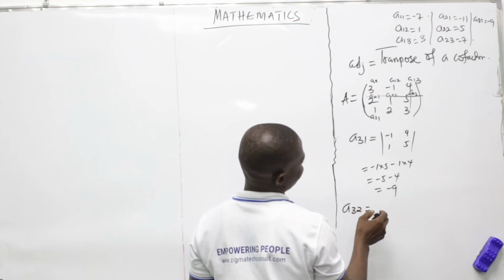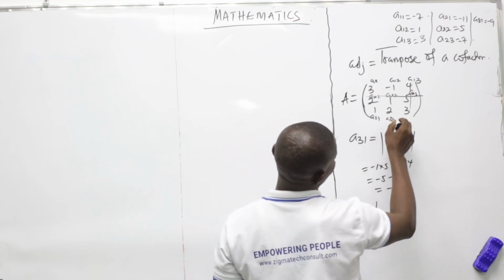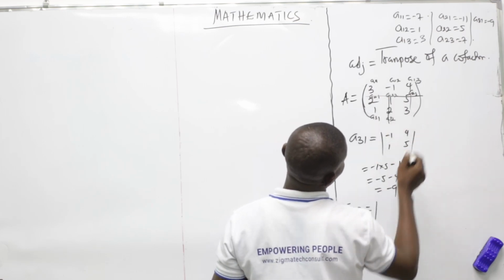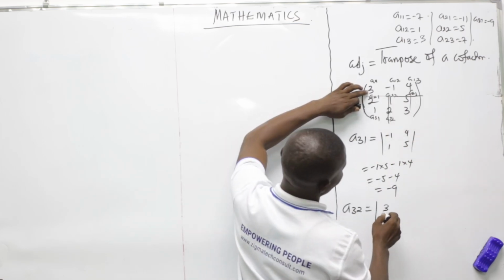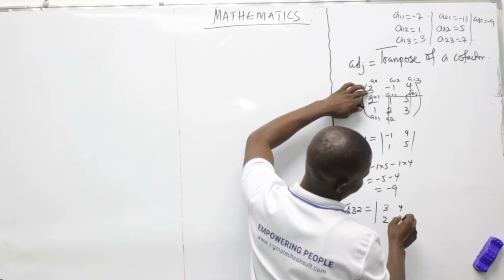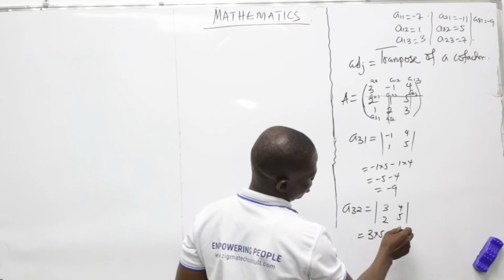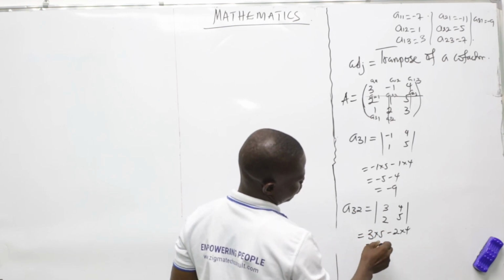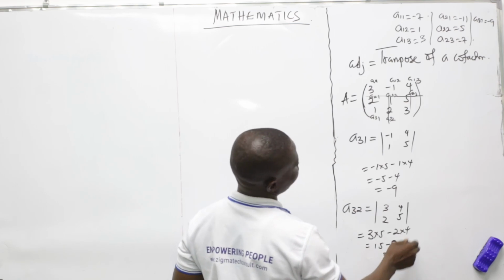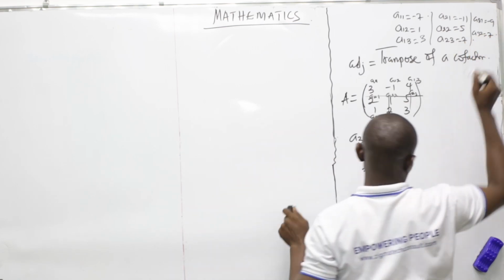A32 equals the determinant 3, 2, 4, 5. 3 times 5 minus 2 times 4, 15 minus 8 equals 7. A32 equals 7.